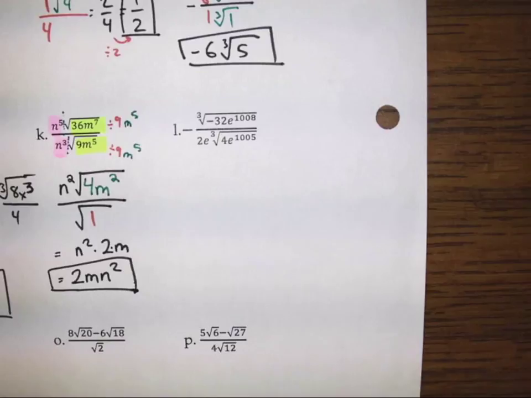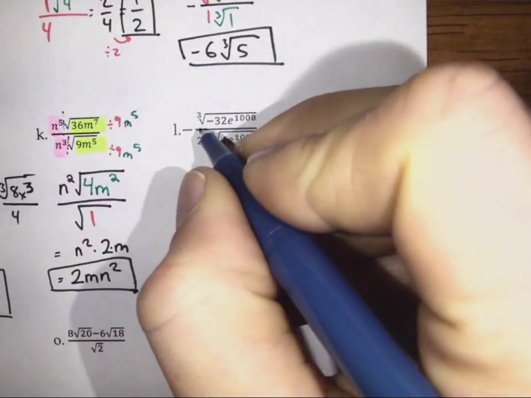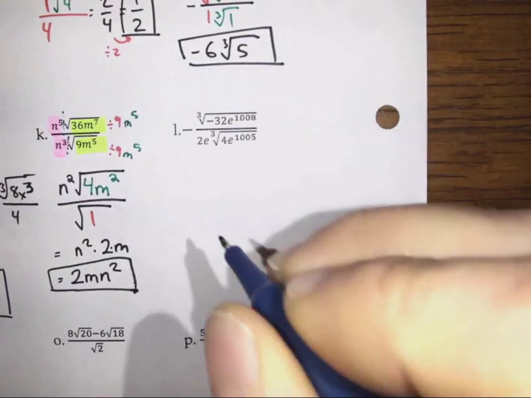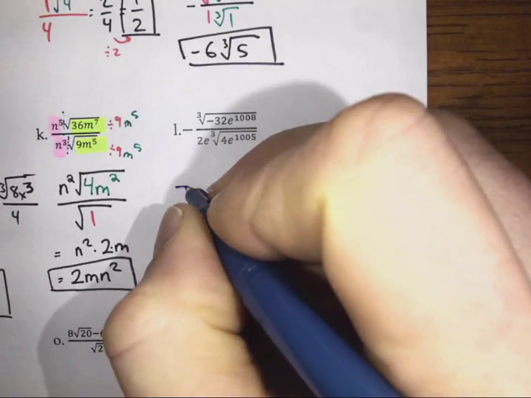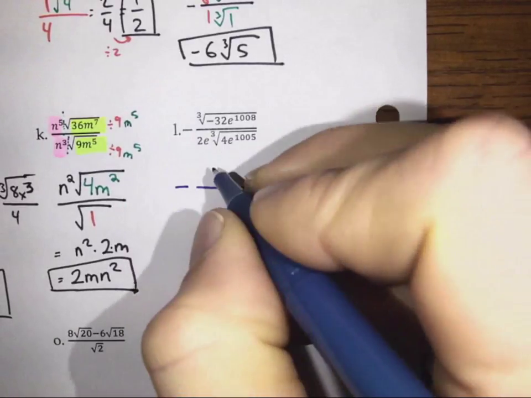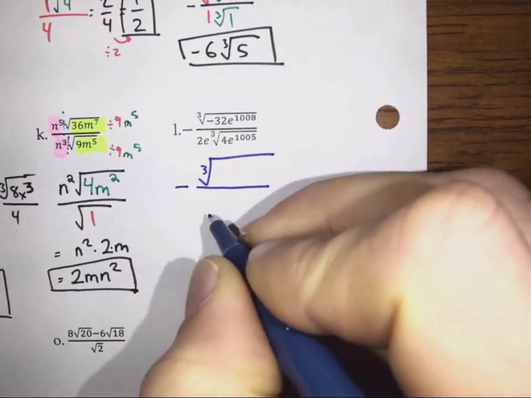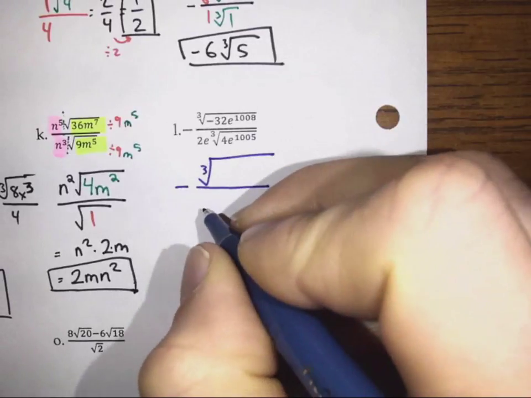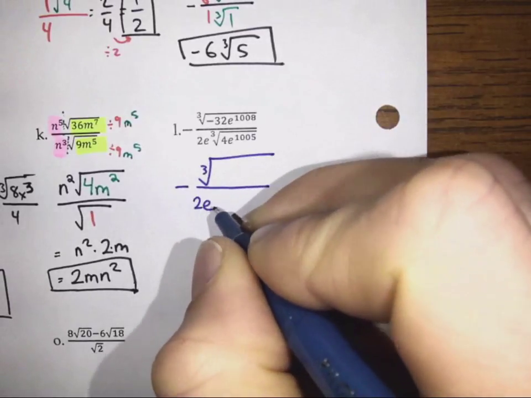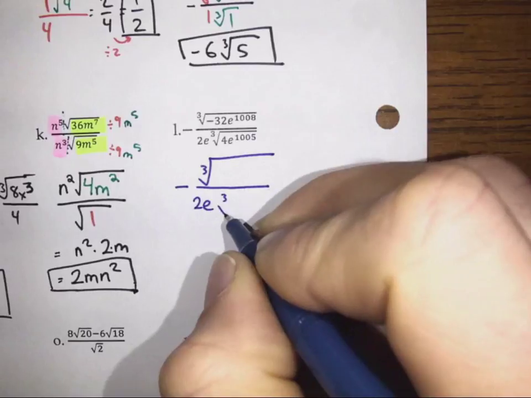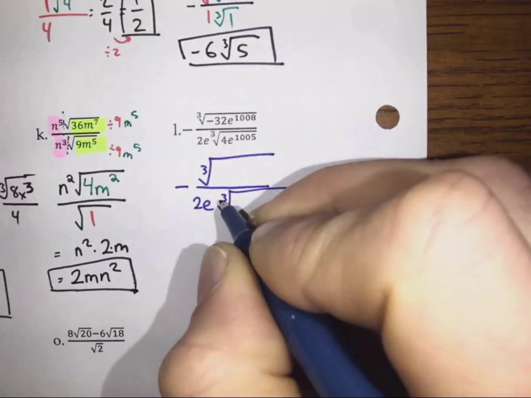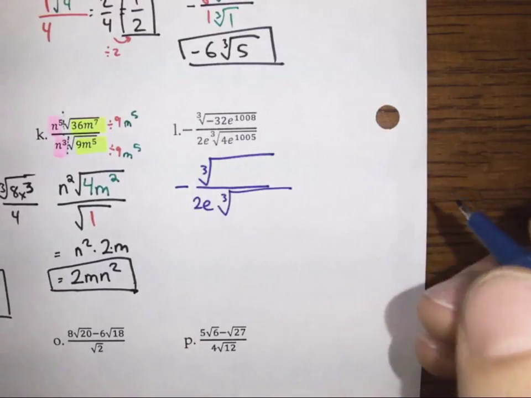Okay, so this question looks a little hairy. So looks like there's no coefficient business that we're going to be able to deal with. So I'm going to write the things that are going to remain to start with. So I'm going to write the cube root. And looks like that 2e is not going to do anything. And I'm going to write my cube root over here so I don't get that confused with the power of 3 on the e.